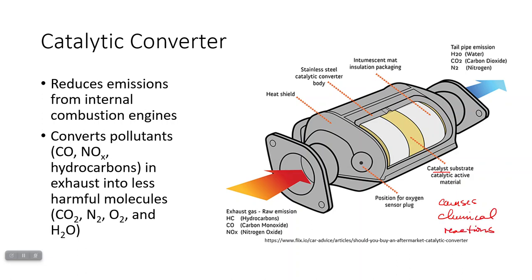So it's going to cause some of the gases that are in the exhaust, like hydrocarbons, carbon monoxide, and nitrogen oxides, to react and form less harmful molecules. So carbon monoxide would be converted to CO2. Those nitrogen oxides could be converted into nitrogen gas and oxygen gas, and then also water as well. So that way they can be released and have less of an impact on the environment than, say, releasing NOx's and hydrocarbons.